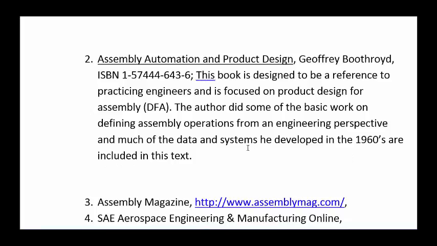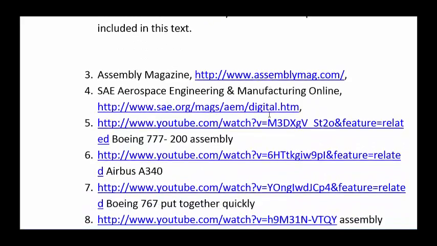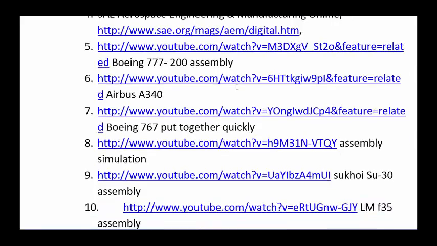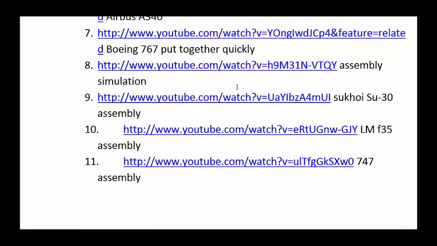He has a series of books out. I know that this is currently available, but if you Google Jeffrey Boothroyd, you'll find some other things in there. Assembly Magazine is a great source of reference there. And SAE Aerospace has lots of interesting articles online.